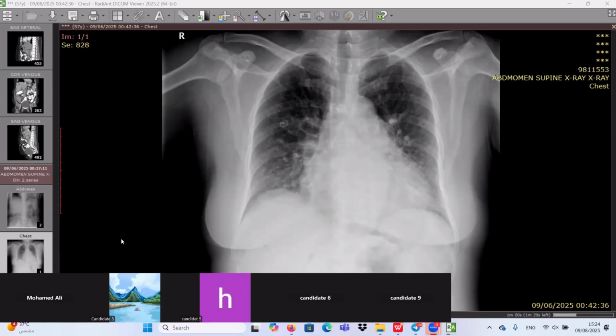There's also a prominent hilar bronchovascularity. There is some reticular shadows within the lower zones.